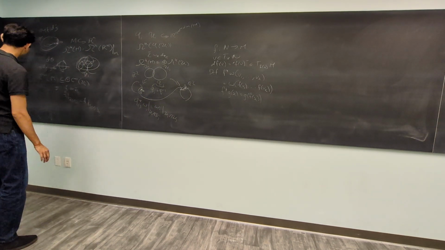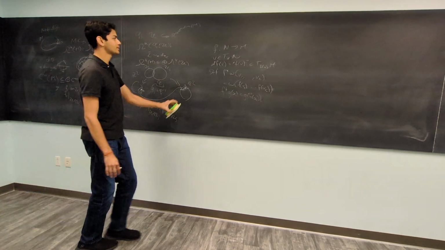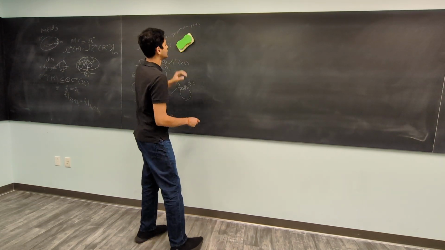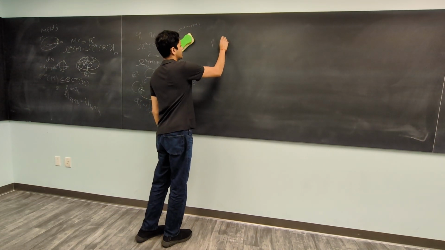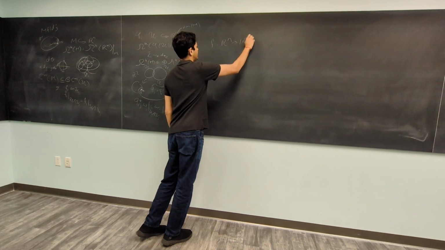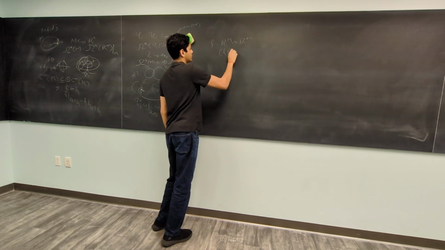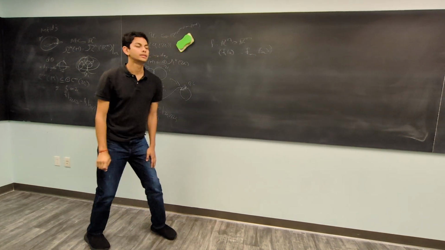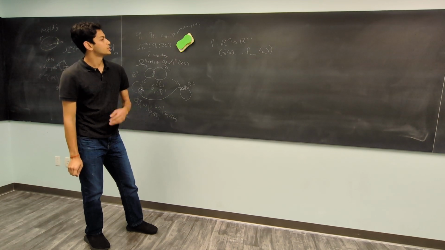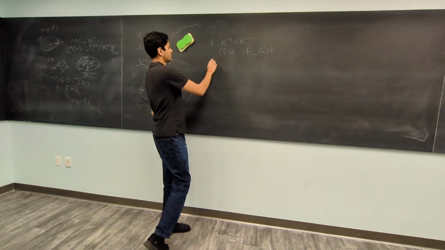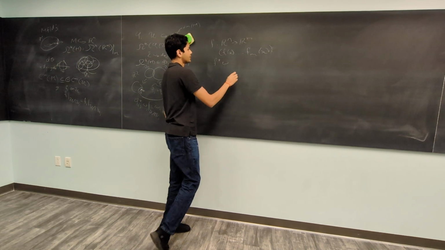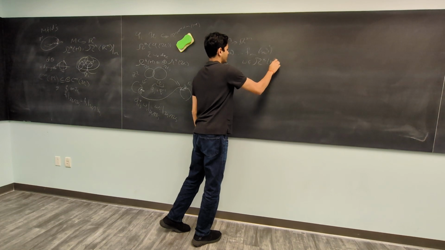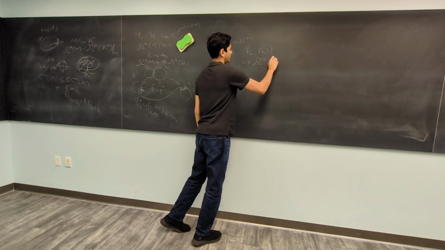So I guess I'll show you the formula for what this pullback is. It should be what you expect it to be. So let's say you have a map from Rn to Rm, which looks like f1 of x all the way up to fm of x, right? So then what is F star omega going to be? So omega is something which lives inside omega k of Rm here.